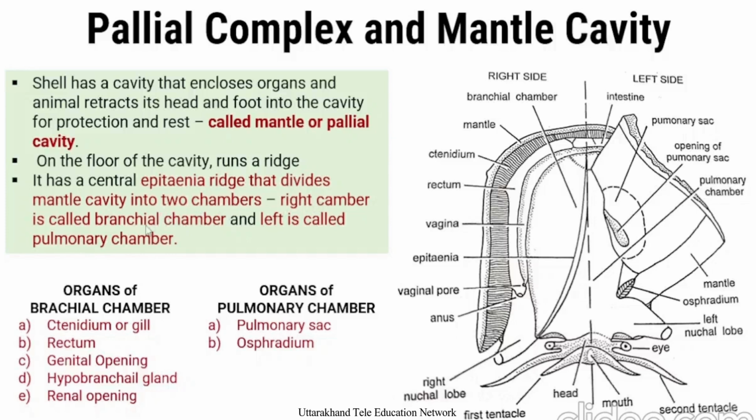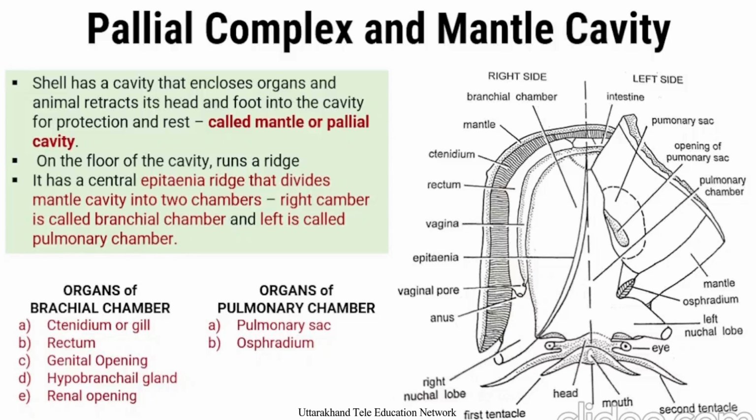The right chamber is called the branchial chamber and the left is called the pulmonary chamber. As you can see in this diagram, there are two chambers. The left side chamber is the pulmonary chamber and the right side is the branchial chamber, which helps in respiration.